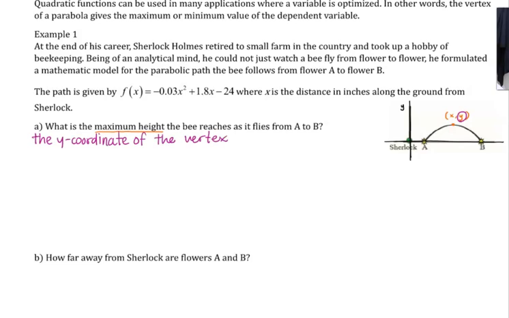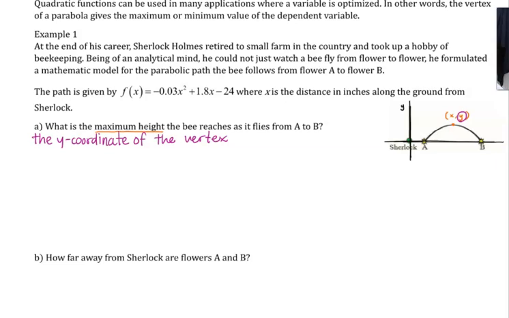So that we know what we want, let's talk about how we'll find it. We need to know what the vertex is, what that point is. Back in a previous lesson, we saw a couple of ways that we could find the vertex. One way is by writing the quadratic in vertex form, going through the process of completing the square, which could be particularly messy in this example because of the decimals that we have going on.